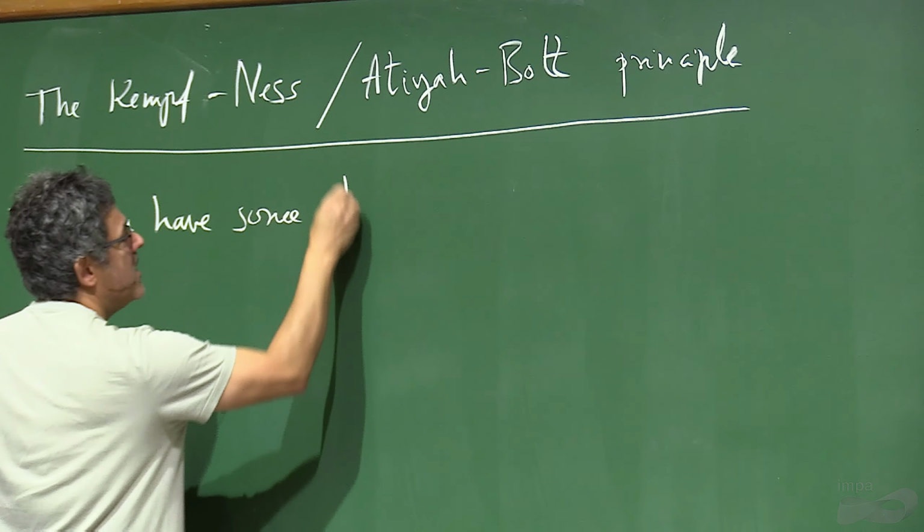So perhaps I can say when this is non-empty, and the condition is polystability. I want to apply this in a particular problem, but I think I can try to review some of these concepts and give the main examples and then go to my problem.